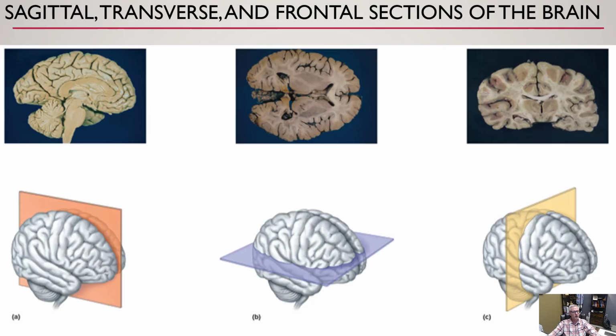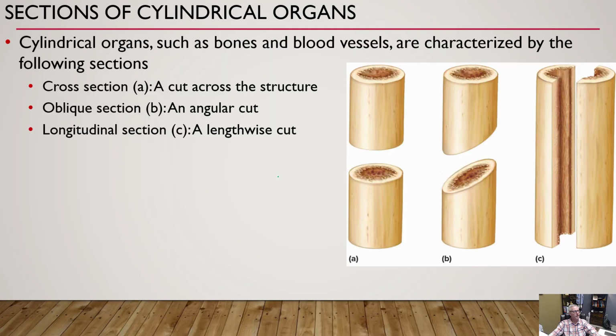We can also do cuts with the brain as well. You can do the sagittal, the same type of cuts. The only thing that I wanted to point out is we have our cross section here, our horizontal, but we can also have an oblique cut as well.